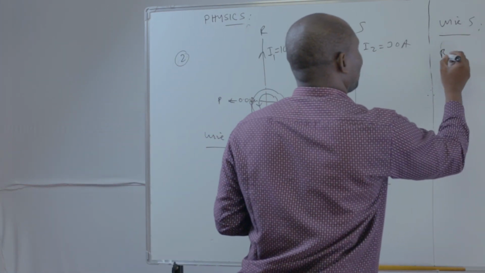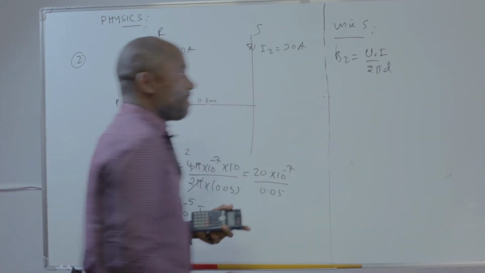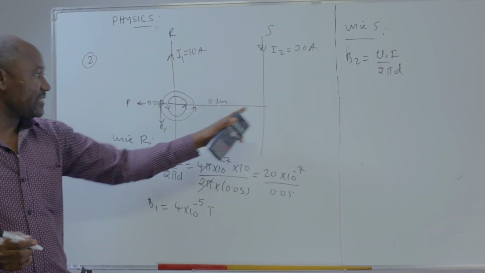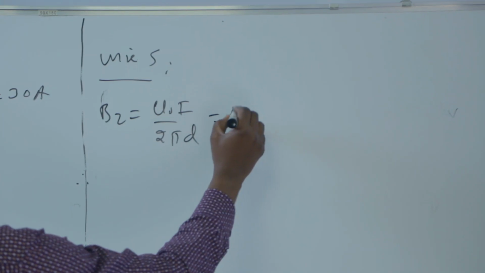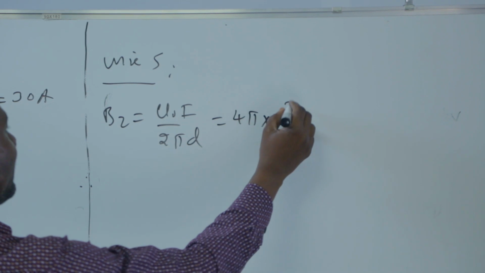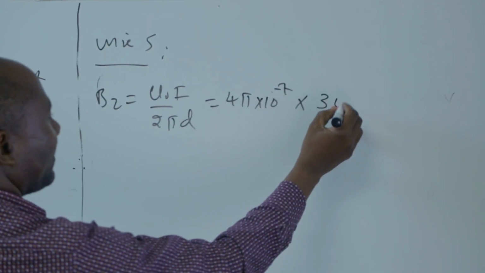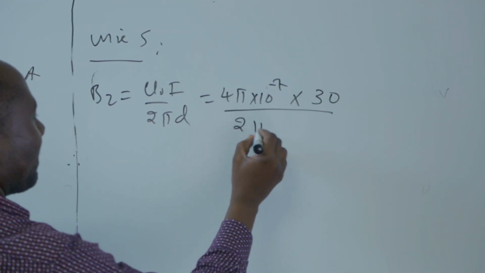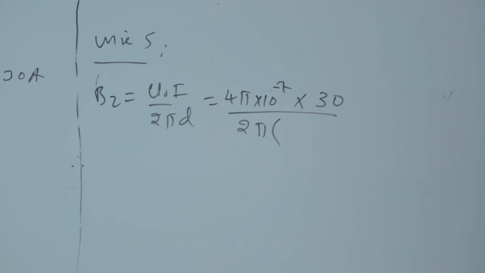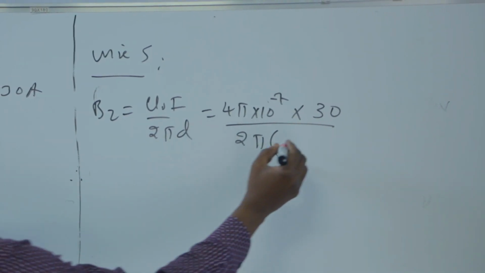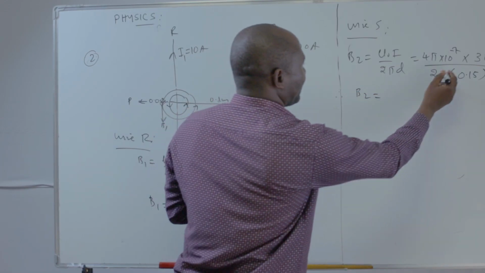Now, let's find the magnetic flux density due to S. The formula is B2 equals mu I over 2 pi D. The difference is the distance from S to P, which gives us 4 pi times 10 negative 7 times this second current, over 2 pi times the distance, which should be 0.15. Then this we cancel out.